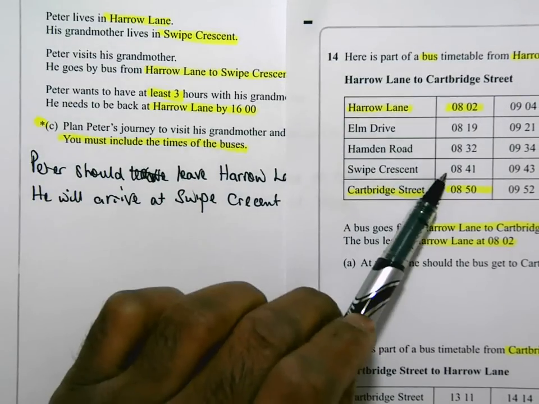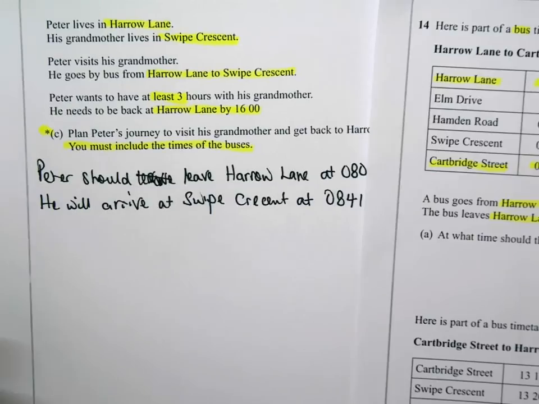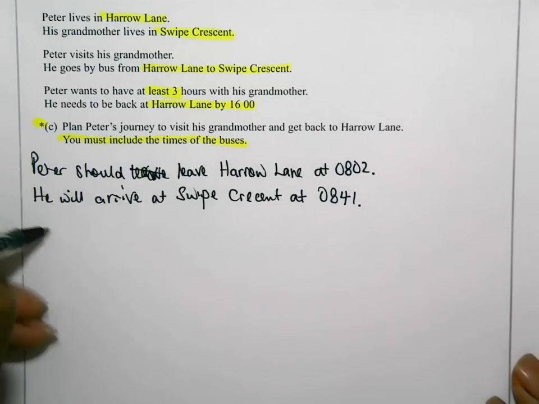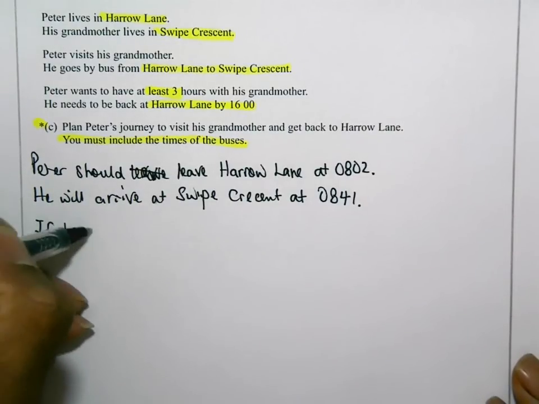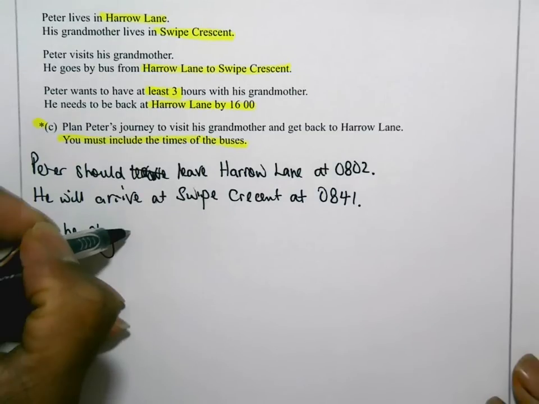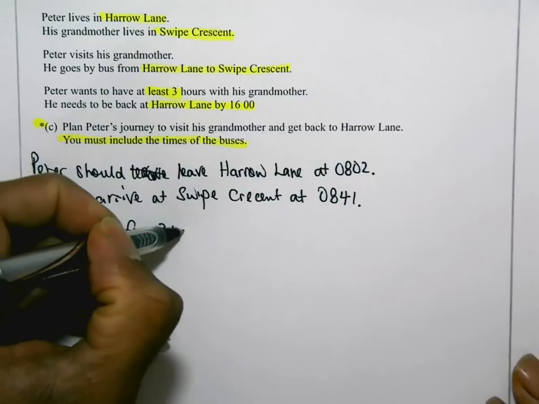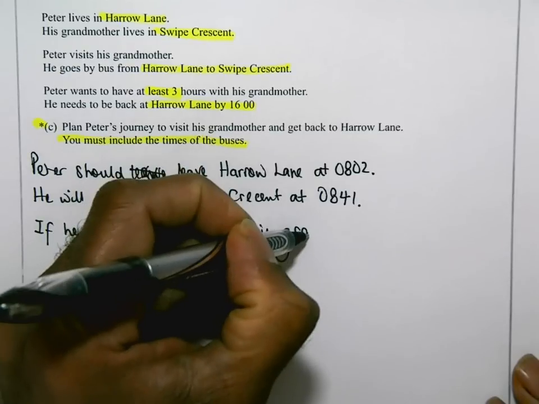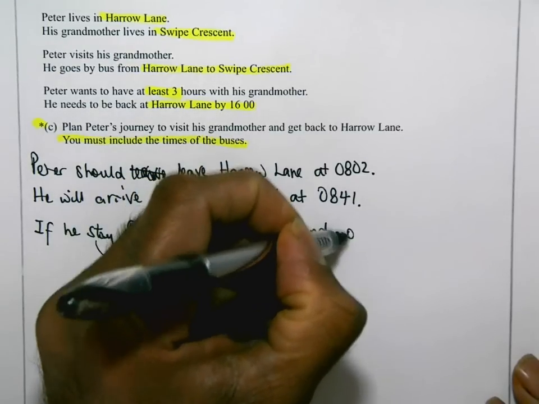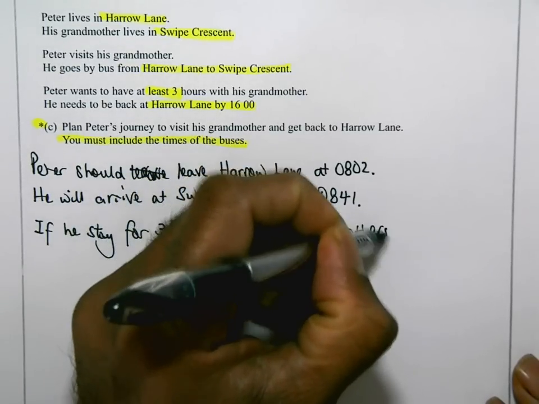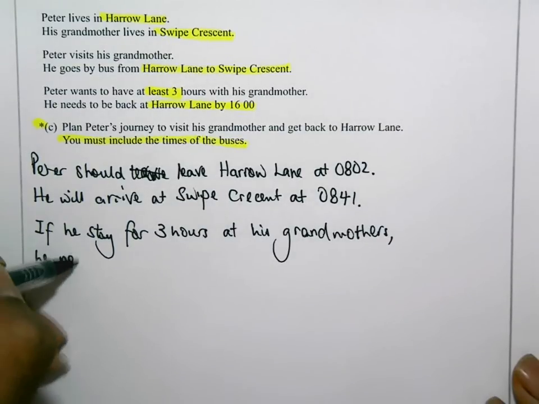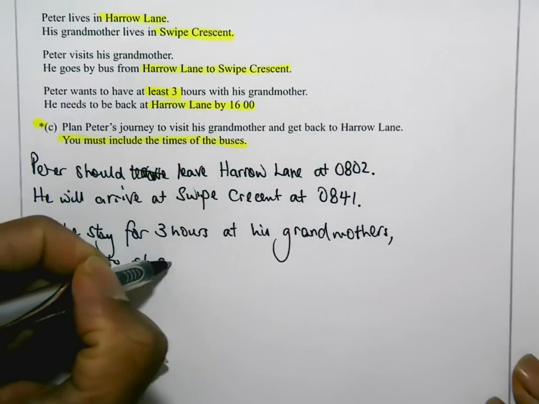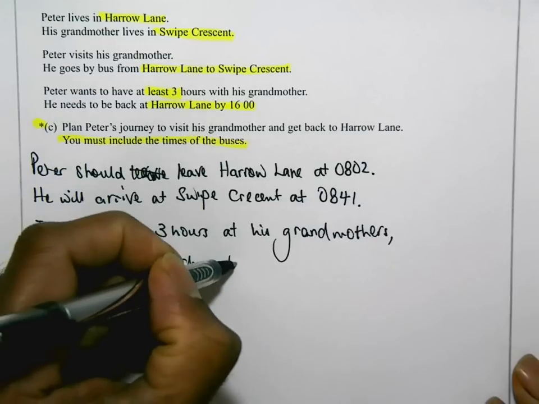But he has to stay, or he wants to stay, at least 3 hours at his grandmother's. So if he stays for 3 hours at his grandmother's, he needs to catch a bus back after.